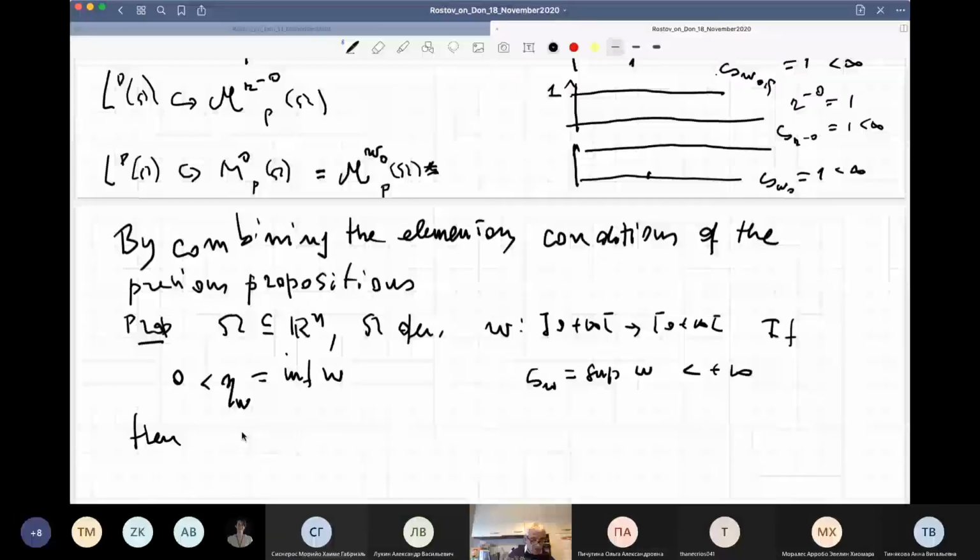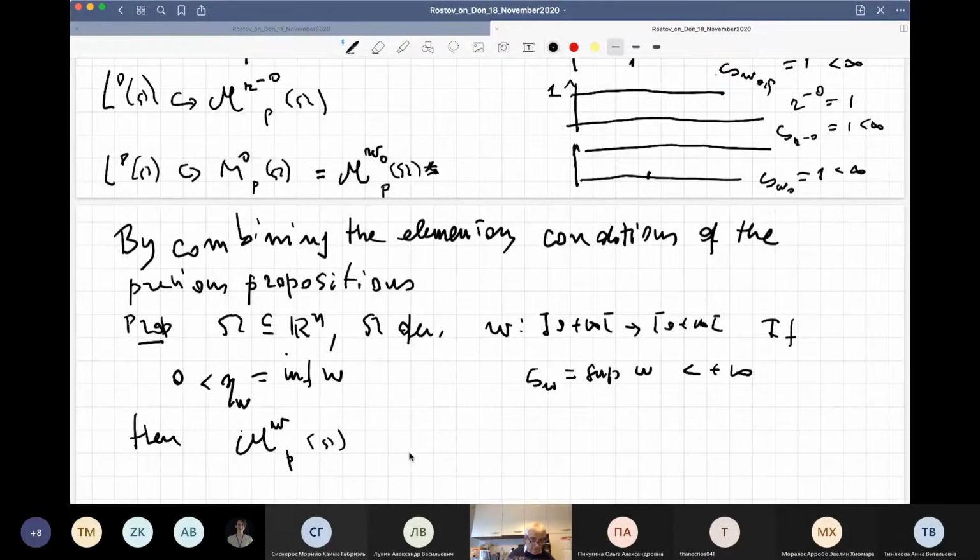So the conclusion is that the Morrey space M W P omega is contained in M P omega, and the corresponding norms are equivalent.